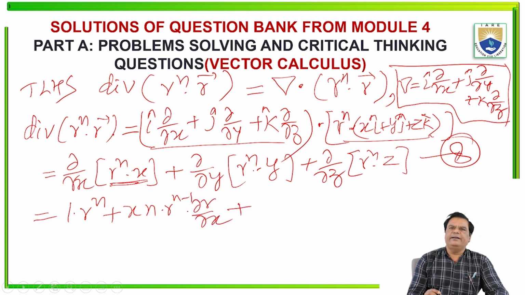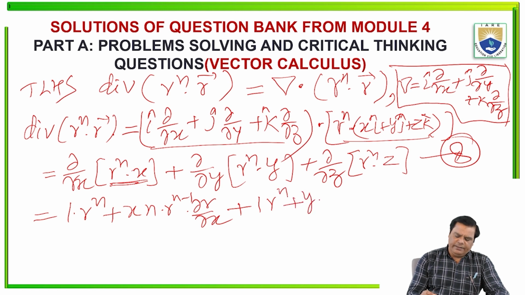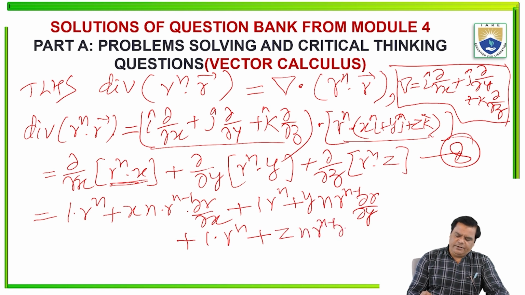Plus similarly, differentiation of y is 1 with r^n constant, plus y n r^(n-1) ∂r/∂y. Plus similarly, differentiation of z is 1 with r^n constant, plus z n r^(n-1) ∂r/∂z. So this is equation number 9.